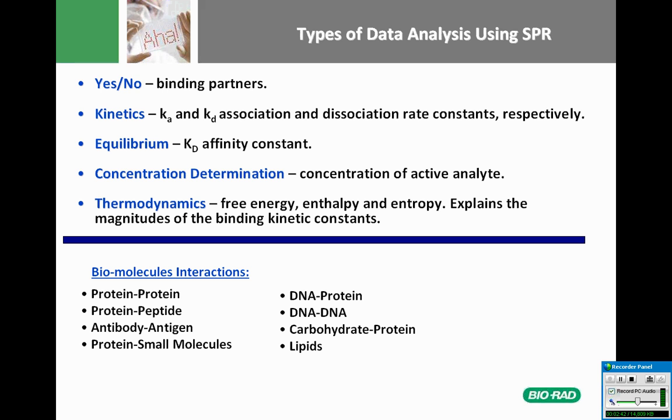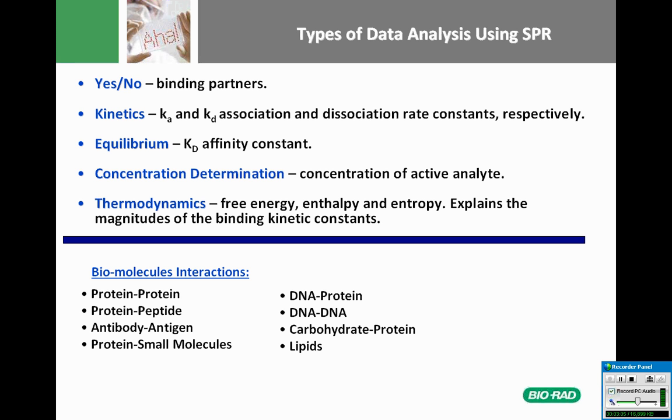The types of data analysis that you can do with the ProteOn XPR are, as we said, first, yes/no binding. Do these two molecules bind each other? Then, to determine the kinetic binding constants, the Ka and the Kd, the association and dissociation rate constants. As mentioned before, you can determine the affinity constant, the equilibrium constant.